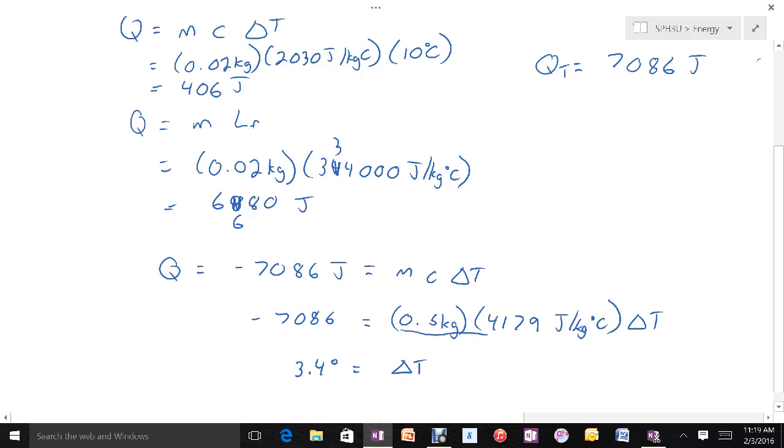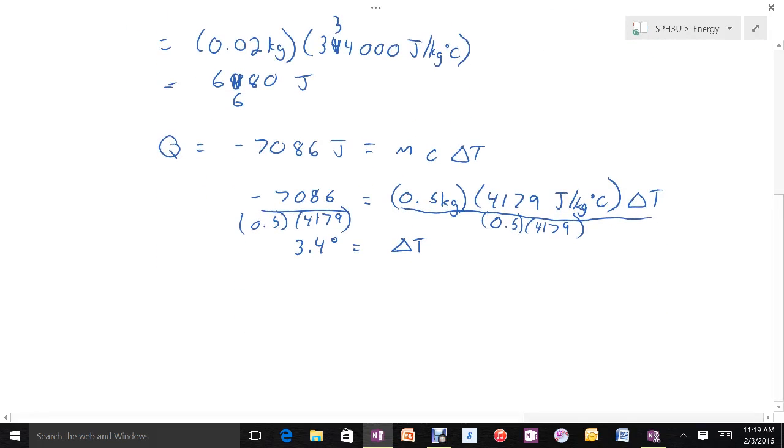I get that by dividing both sides by all this stuff. Anyway, okay, so if the temperature started at 20 degrees Celsius, and it lost 3.4 degrees, then by the time it's given enough energy to the ice to cause it to come up to temperature and melt, it's gotten down to 16.6 degrees Celsius. So that'll be its initial temperature in the thermal equilibrium problem we do last.